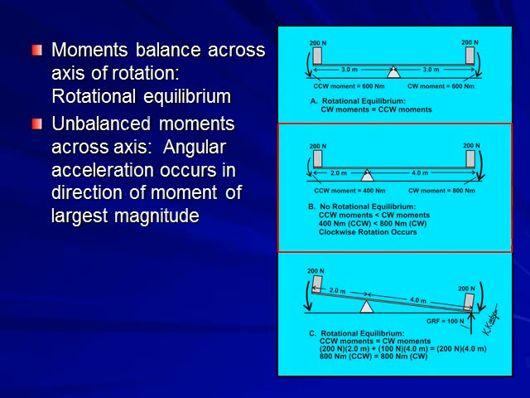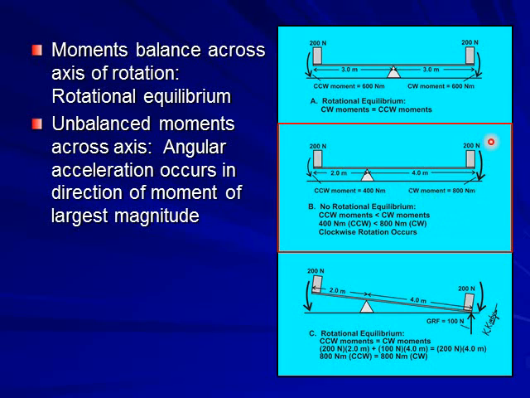However, when we have an unbalancing of moments across an axis, this is when we get an angular acceleration across the axis of rotation, whether this is a seesaw board or even a joint of the foot such as an ankle or subtalar joint. In this situation, we have moved the axis of rotation 1 meter to the left, so now we have a 2 meter moment arm on the left and a 4 meter moment arm on the right.